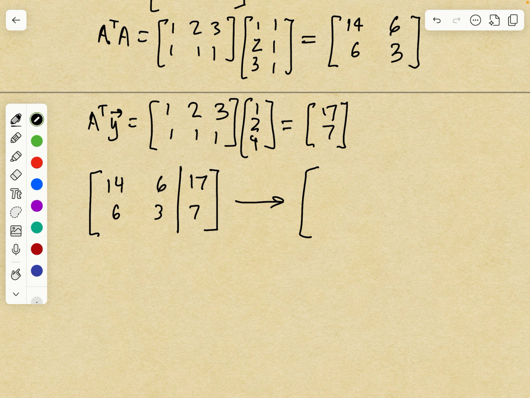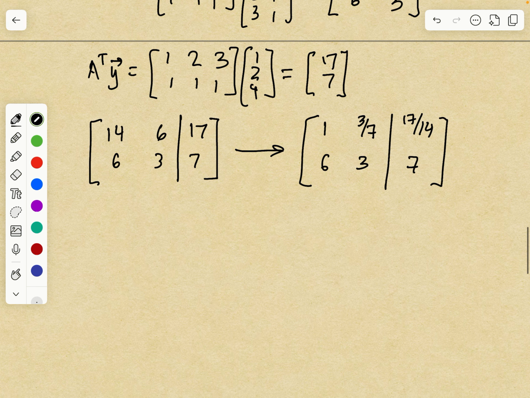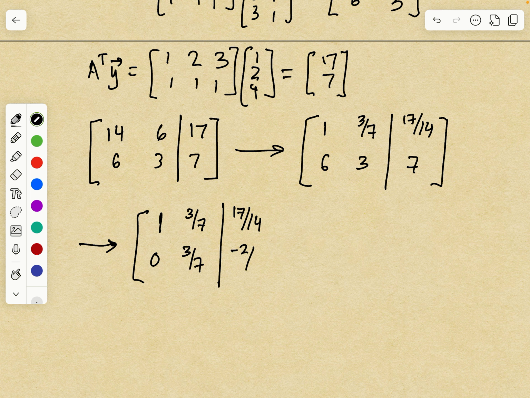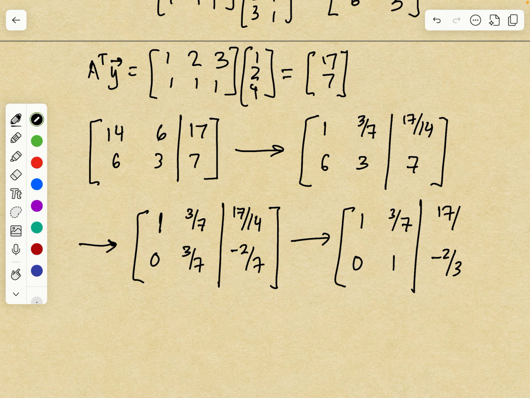We should divide the first row by 14. And then replace row 2 by row 2 minus 6 times row 1. And when you do that, you get this. The next step is to divide row 2 by 3/7, and that gives us this.